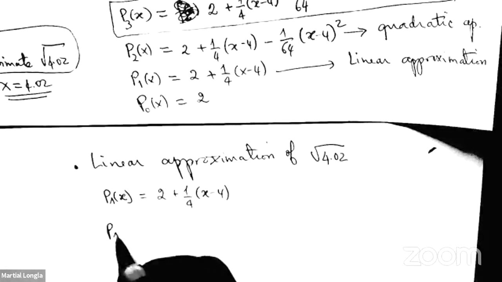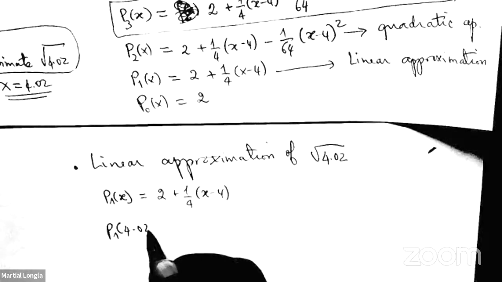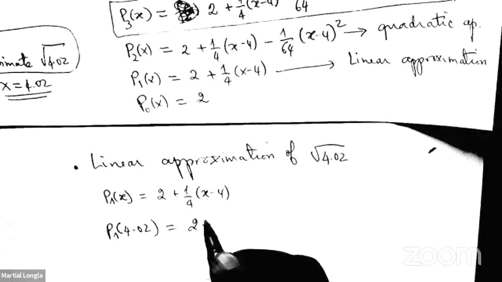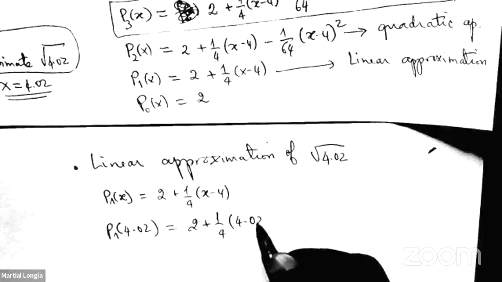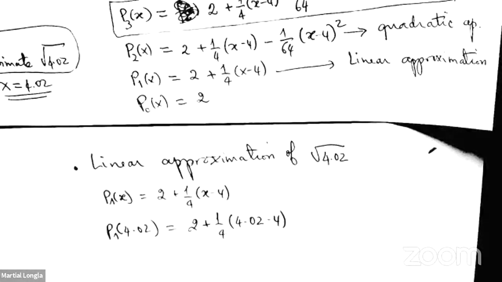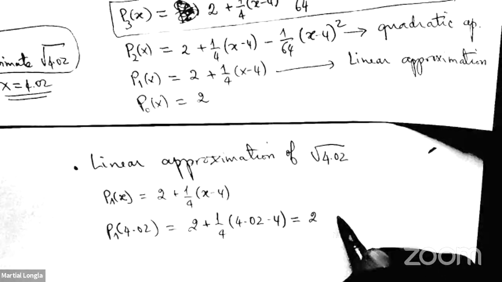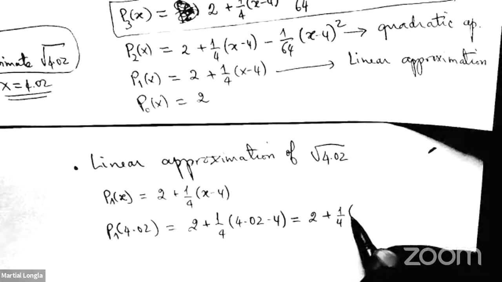And so P1 of 4.02 is what we need, 2 plus 1/4 times 4.02 minus 4, which is going to be 2 plus 1/4 of 0.02.